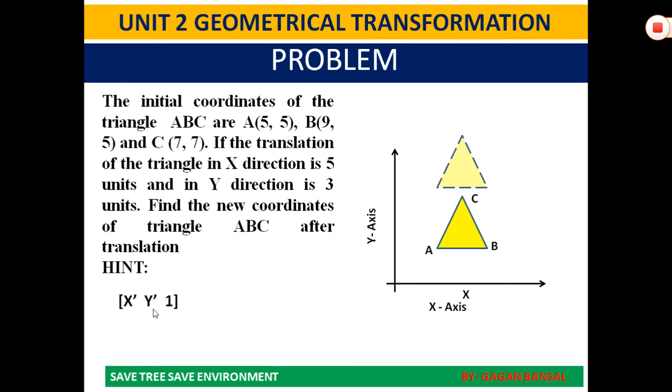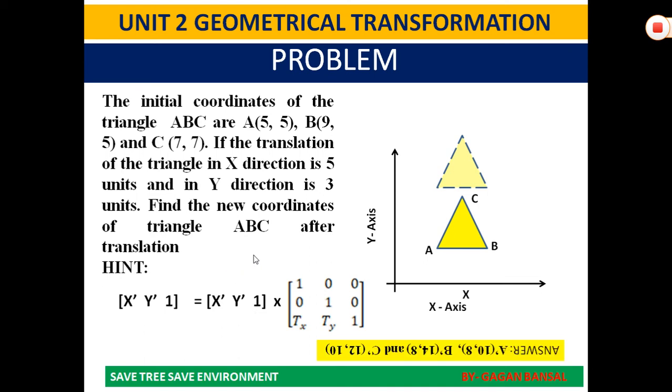That is x dash y dash 1 will be equal to x, this is not x dash y dash, this is x, y and 1 into, sorry, this is not x dash y dash 1, this is x, y and 1.